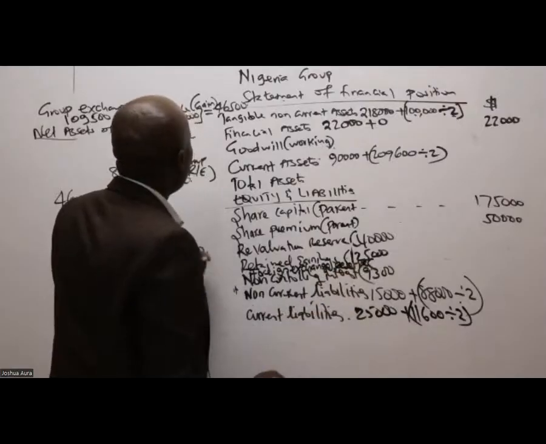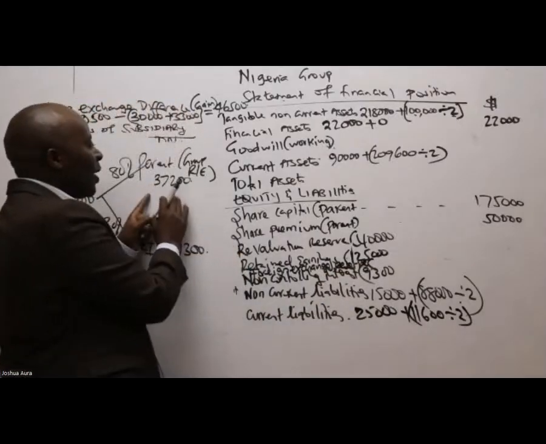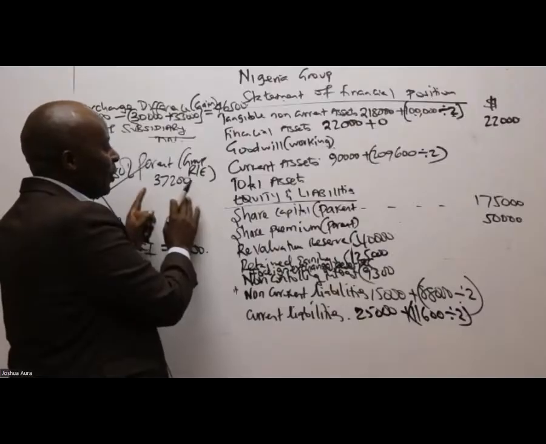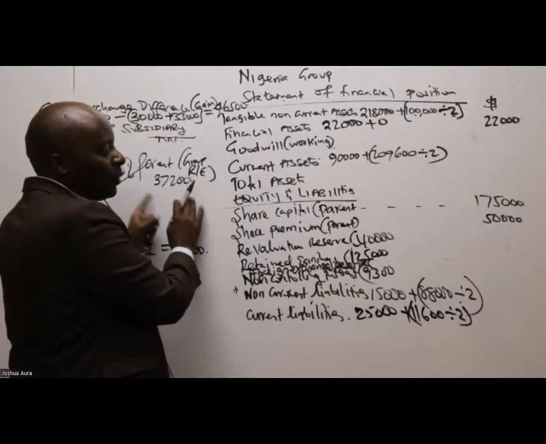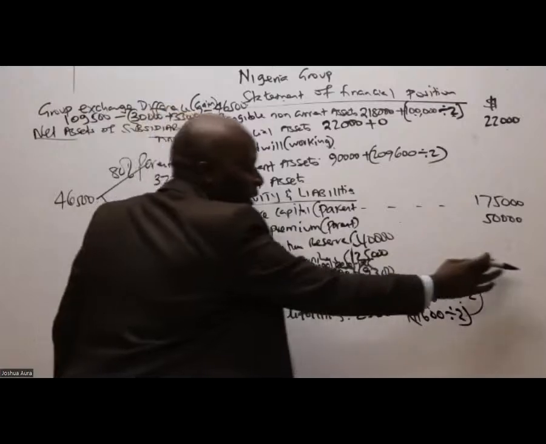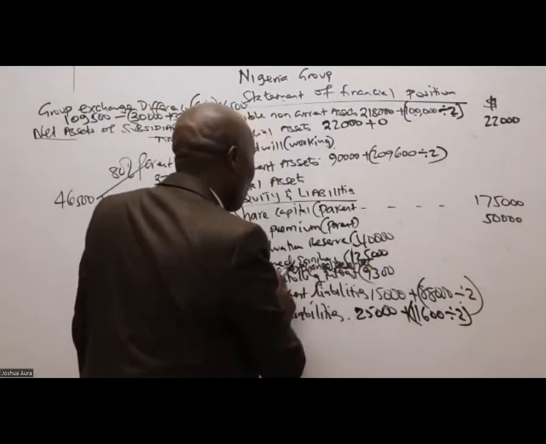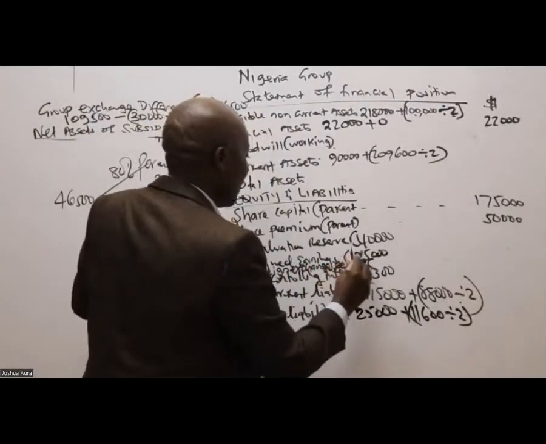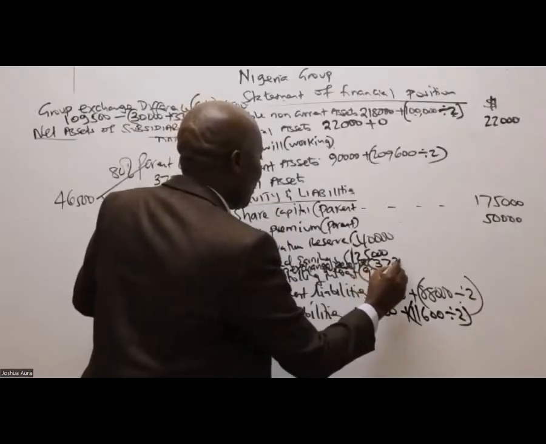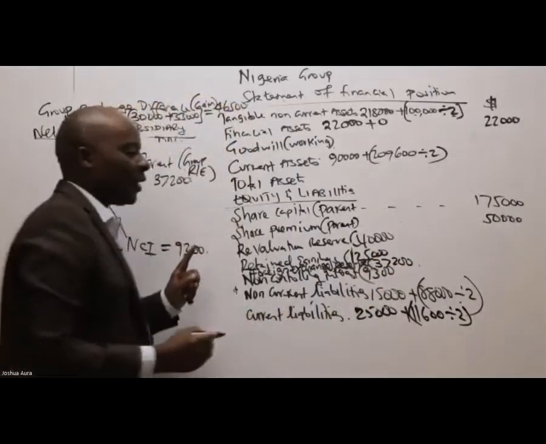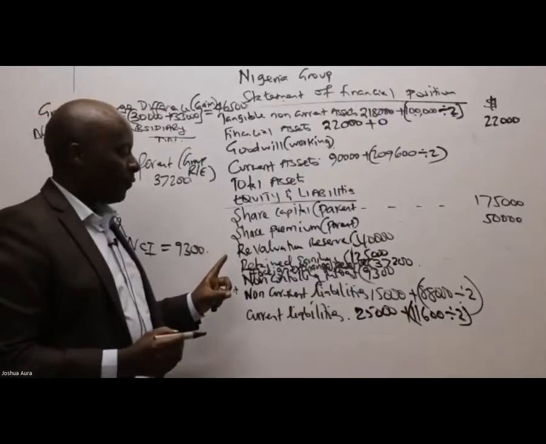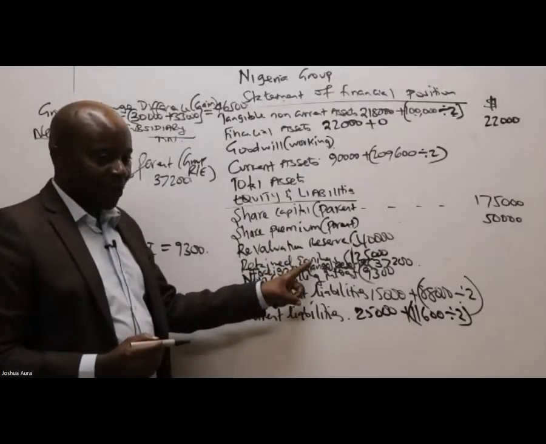So the foreign exchange reserve, the one of the parent, will go to the equity of the parent, but don't take it as the last figure here. We'll still have something. You're just writing as a working 37,200 there. Foreign exchange reserve, not very clear.